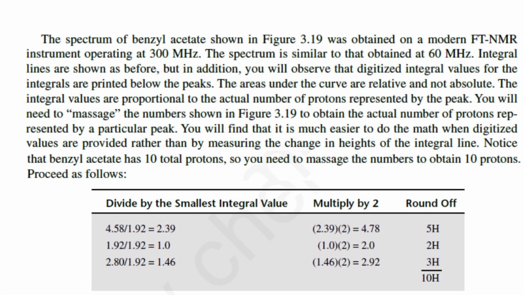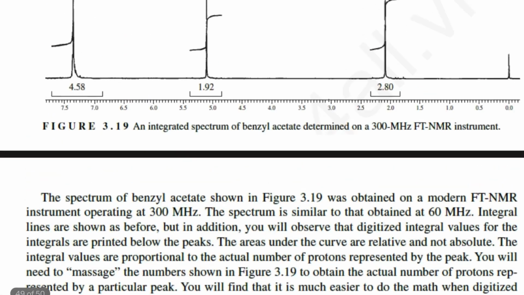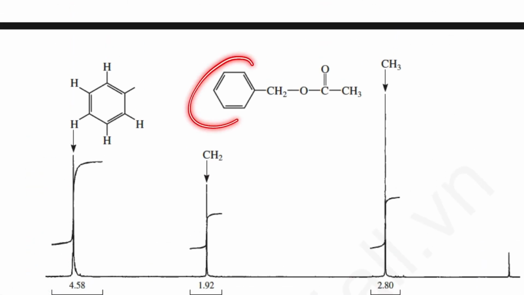So we can see here that these are the three values of the integral peaks, and the lowest value is 1.92, so we divide all these by 1.92, and we get the relative integral values, which are 2.39, 1 and 1.46. So it means we have these three different types of protons.